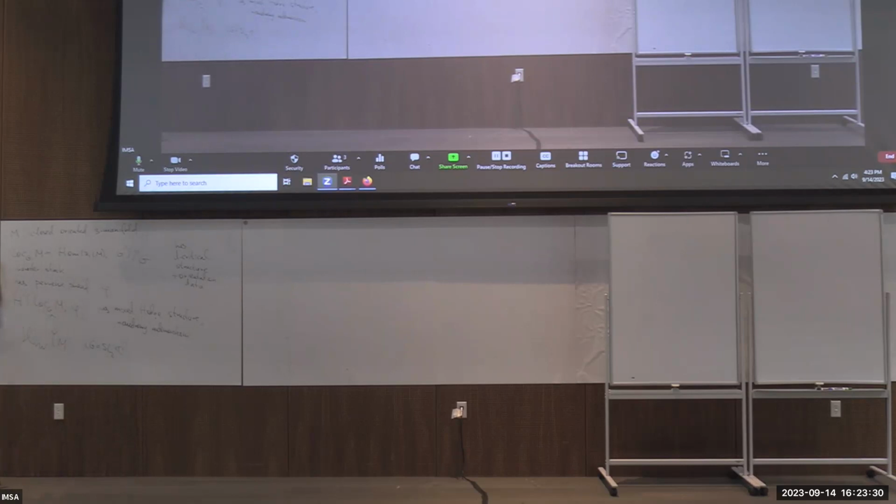And so he talked about this space in terms of analysis of some PDEs. This is an algebro-geometric version of this space.